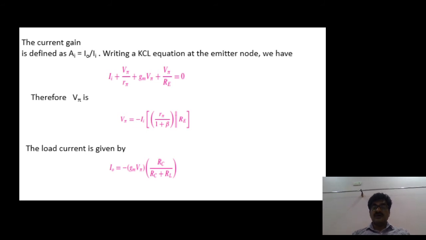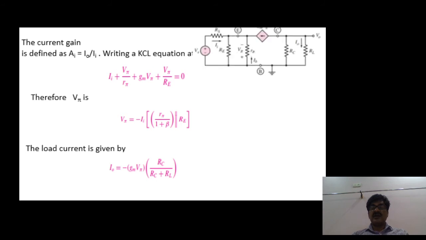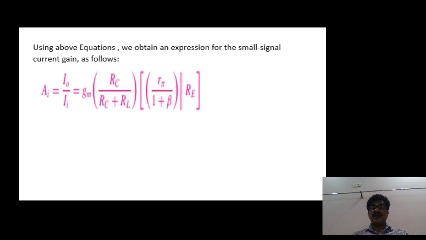Now substitute the above V pi value in this I naught equation, so that the current gain AI equal to I naught divided by Ii, that equals Gm into RC divided by RC plus RL into R pi divided by 1 plus beta, parallel to Re. This is the current gain you can get.